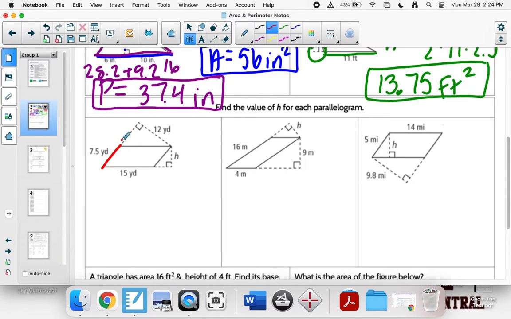If you follow this line, the right angle is with the 12. Honestly, it doesn't matter which one you think is base and height. To me, the base is the solid line, and the height is the imaginary line, but it doesn't matter if you're just multiplying them. So to find our area, we take base times height, so 7.5 times 12, which gives me how much?